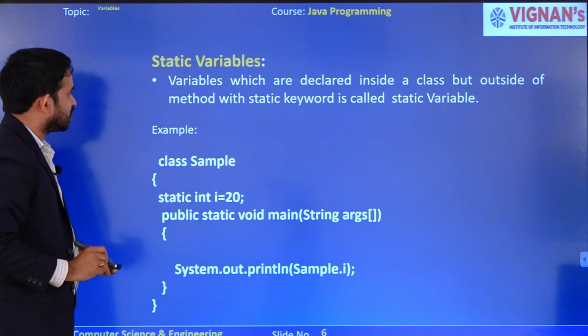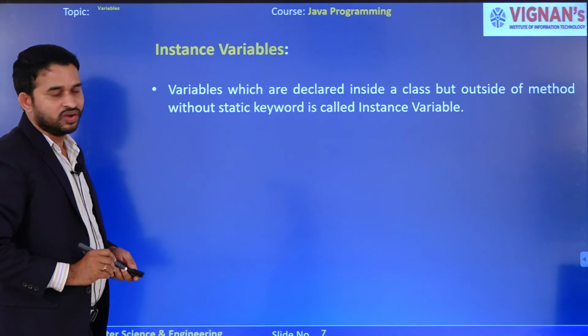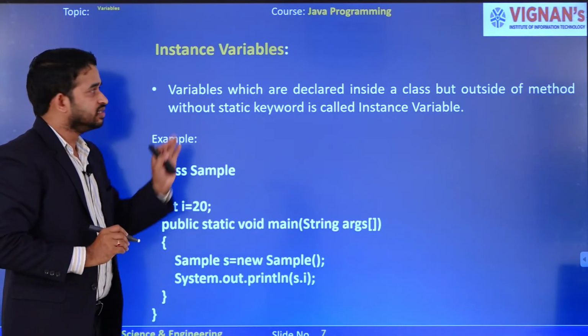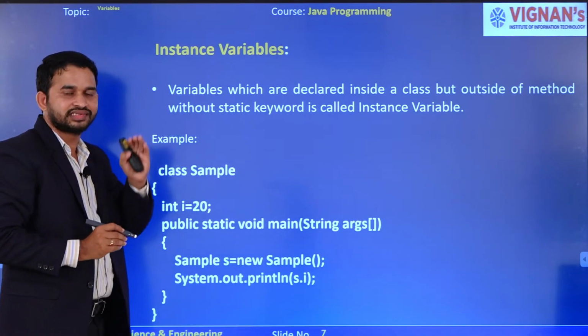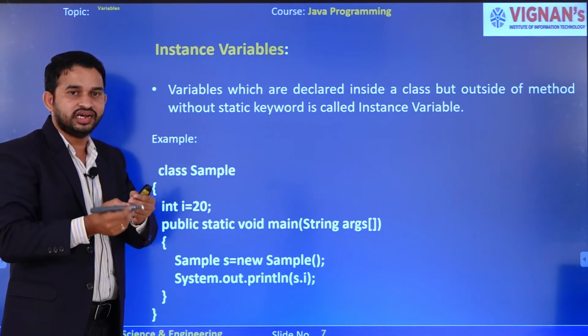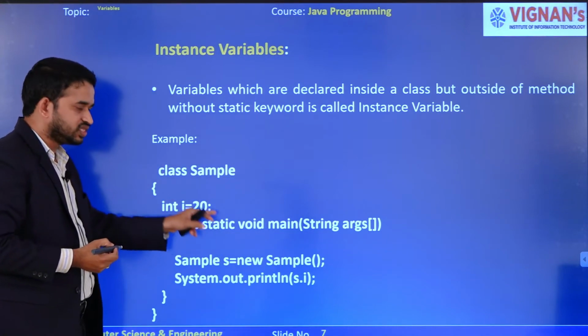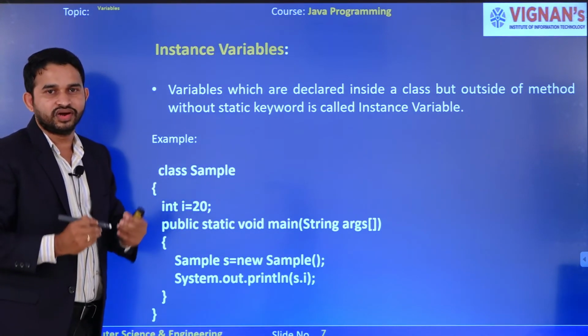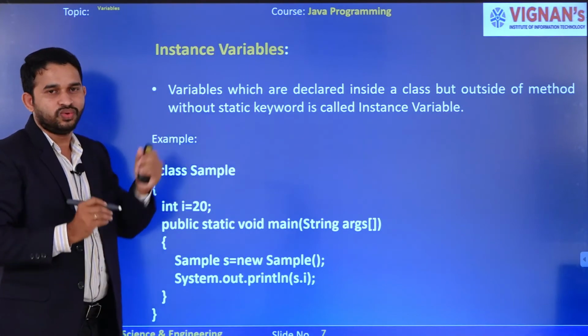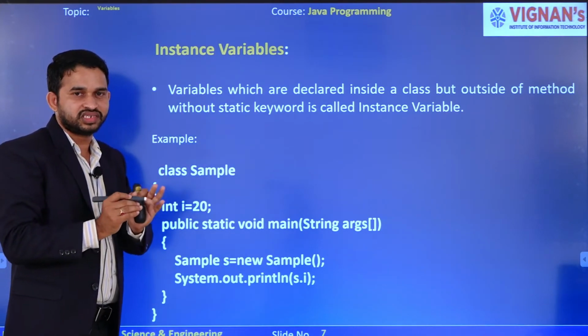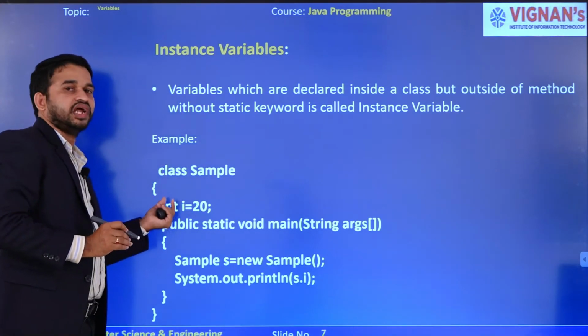The next one, the last one, is the instance variable. What is the meaning of instance variables, sir? Instance variables mean the same thing as a static variable. If a variable is declared inside a class, outside a method, without the static keyword, we call it an instance variable. The only difference between a static variable and an instance variable is the usage of the static keyword.